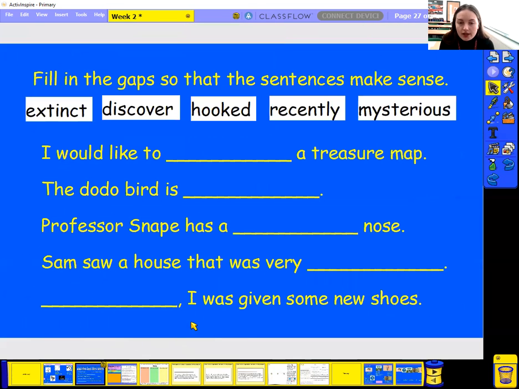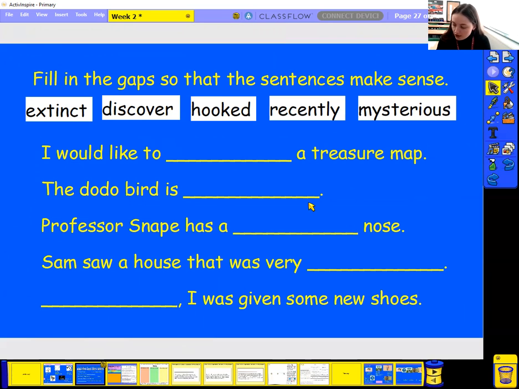Okay, now that we have run through what each of these words means, I have got some sentences, and we're going to figure out which words we could put in these sentences. It's up to you. If you want to pause it because you're feeling really confident about doing this yourself, then you can write these sentences out and put the words in the right places.